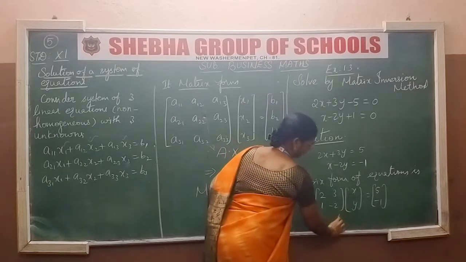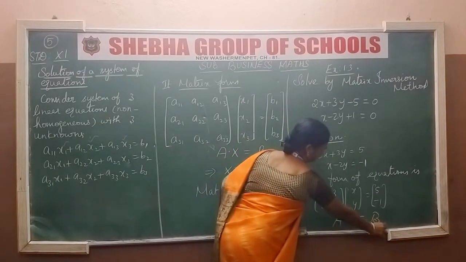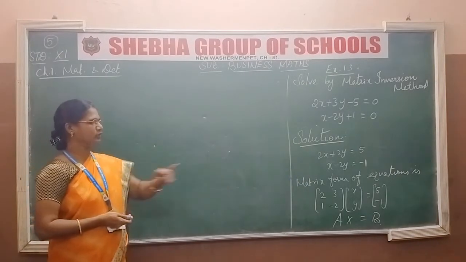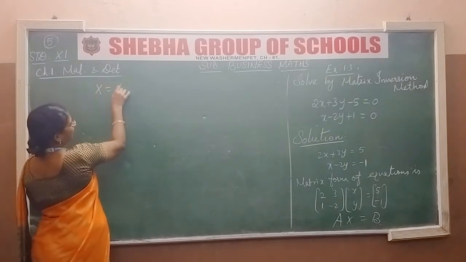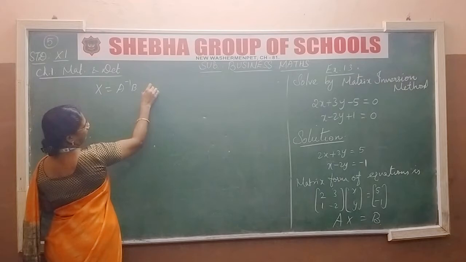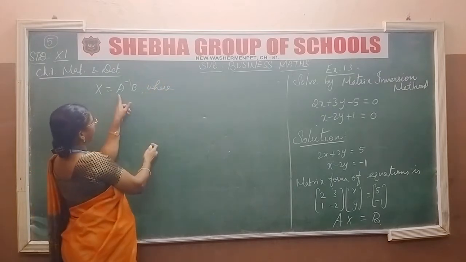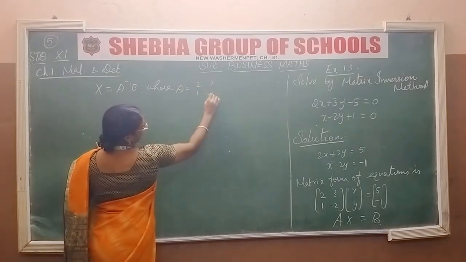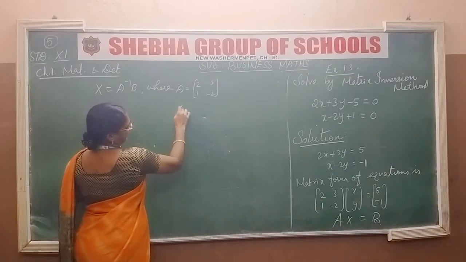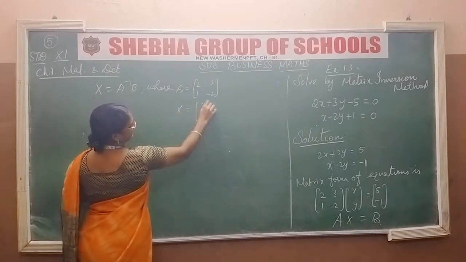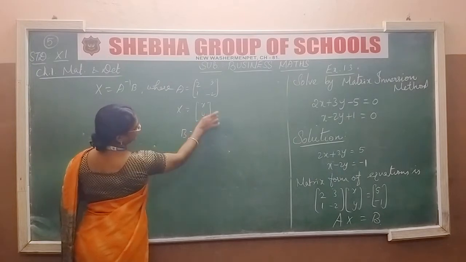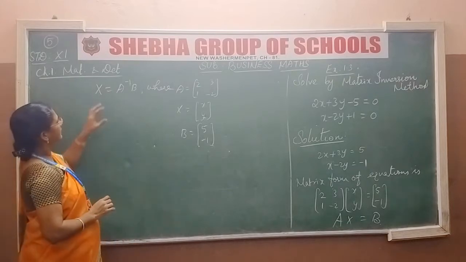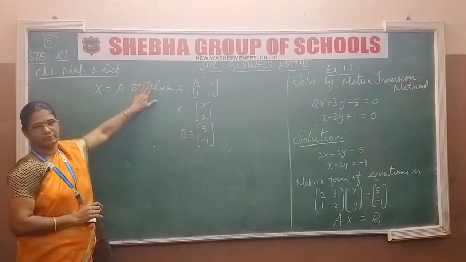This is of the form AX equal to B, which implies X is equal to A inverse B. Then write what A, B and X are. Here A is 2 3, 1 minus 2, X is x, y and B is 5, minus 1.